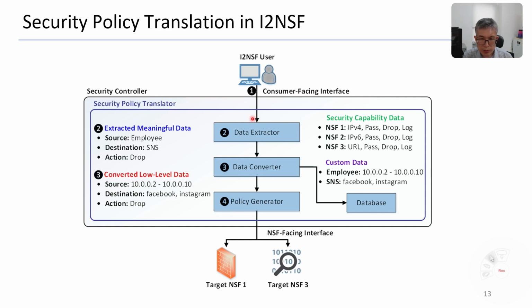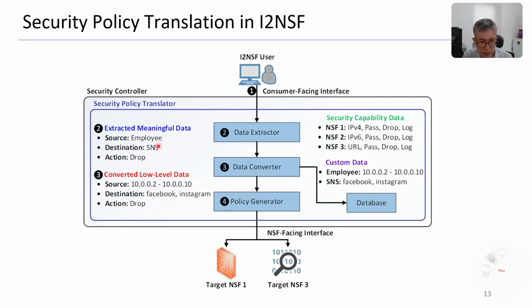So this translator consists of 3 steps: data extractor, data converter, and policy generator. The data extractor performs extraction of meaningful data from the high-level policy, like source: employee, destination: SNS website, and the action is drop. In the next step, the data converter converts this high-level employee and SNS data into low-level data, like source: the IP addresses of employees' machines, right? 10.0.0.2, range is 10.0.0.10.